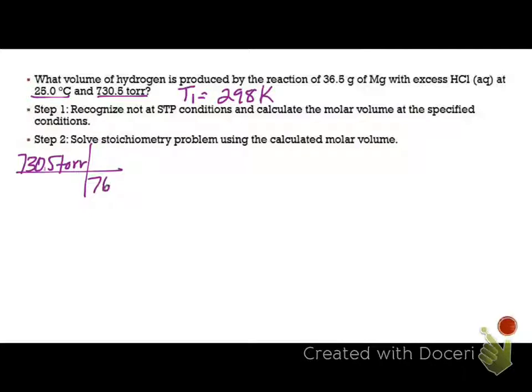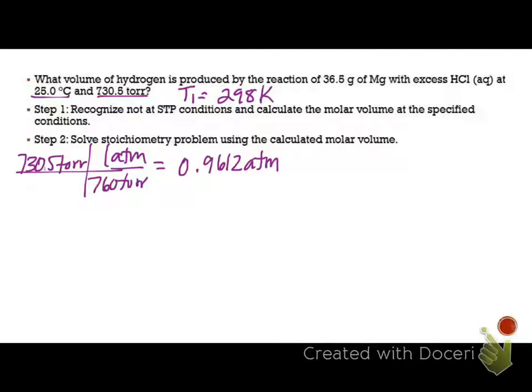The conversion factor is 760 torr is 1 atmosphere. And so we do that conversion, and that is going to be 0.9612 atmosphere, matching our sig figs to the original.